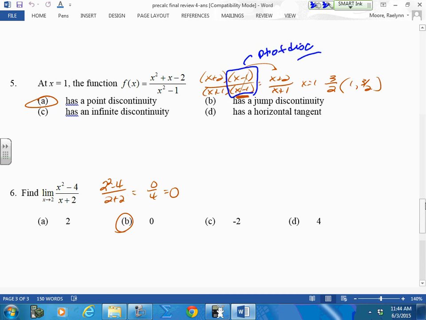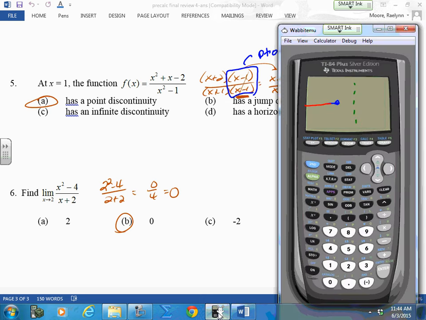Then we plugged in, and we could figure out your point of discontinuity. You could graph it and see what it looks like graphically. You probably should. That should tell you if it has any jumps or horizontal tangent. Let's graph this one. The graph might be better to tell you what it looks like.